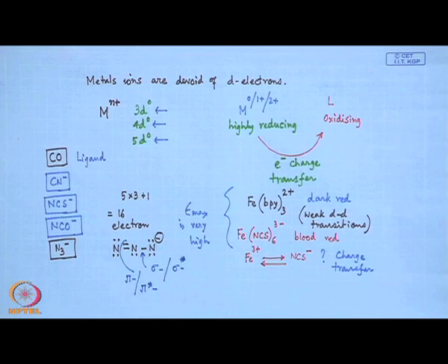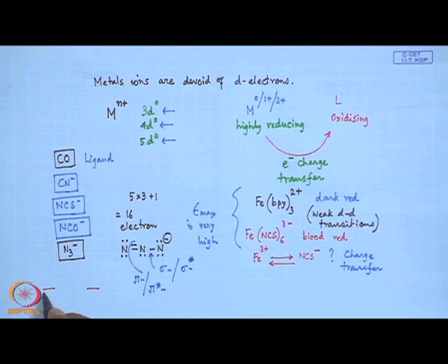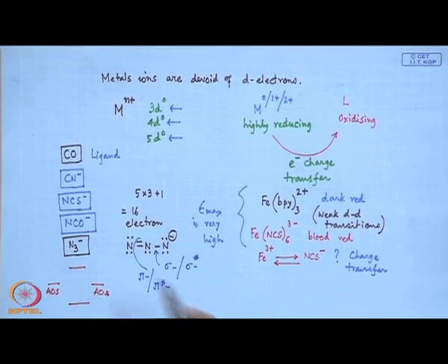Once a bonding level is formed, we immediately have the corresponding anti-bonding level, as we can see in the molecular orbital picture, when these two atomic orbitals form molecular orbitals.